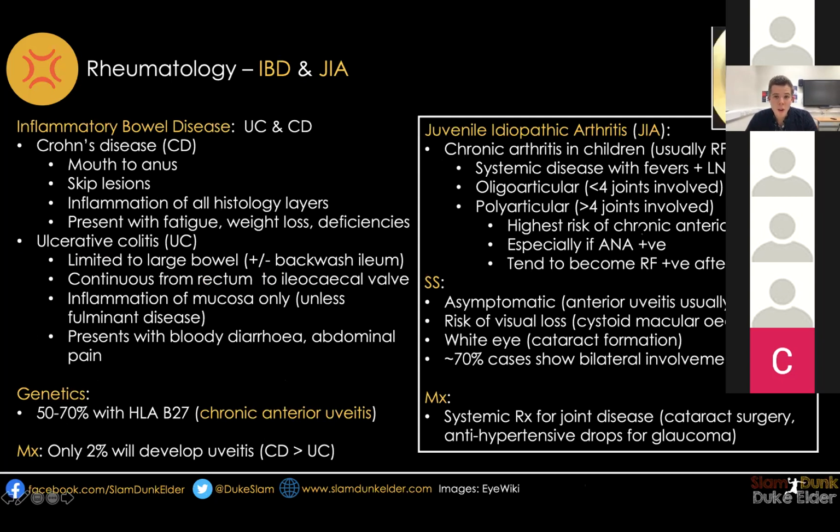I'm throwing in juvenile idiopathic arthritis because it's associated with anterior uveitis, and we need to recognize it because it's the most common childhood arthritis that leads to anterior uveitis. In particular, the type of juvenile idiopathic arthritis that's associated with anterior uveitis tends to do worse off. So it's almost negligent on our behalf if we don't spot it.